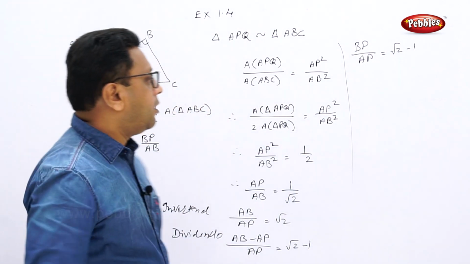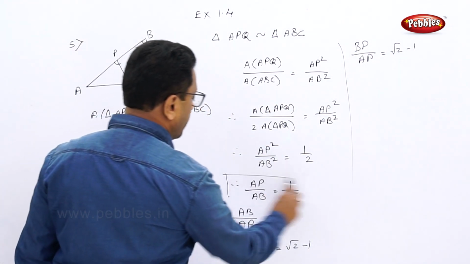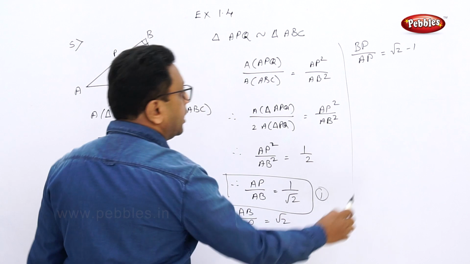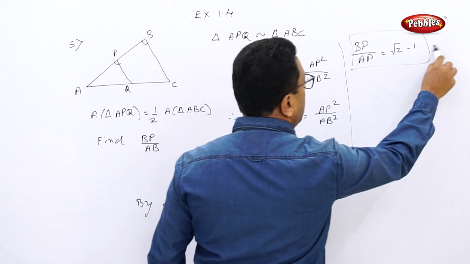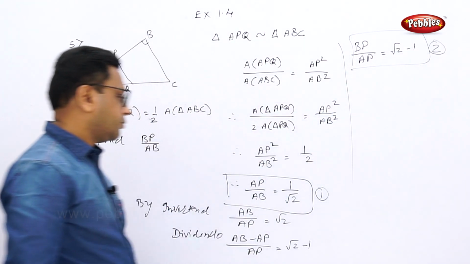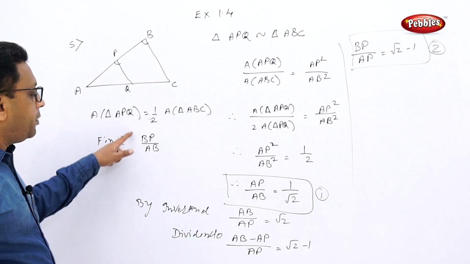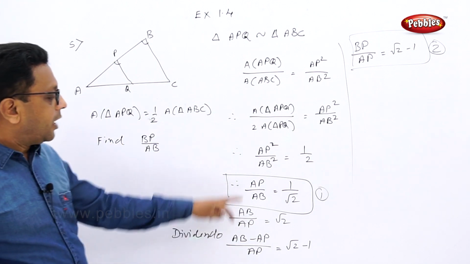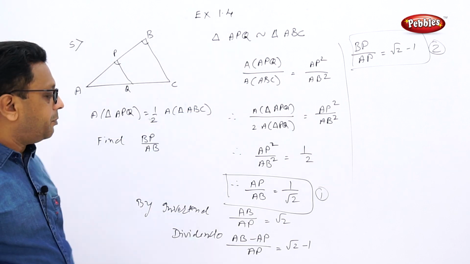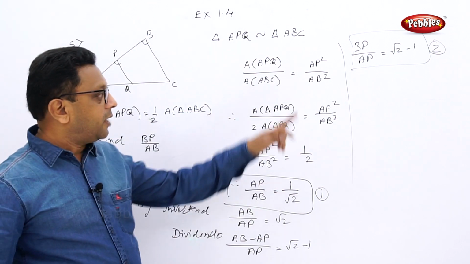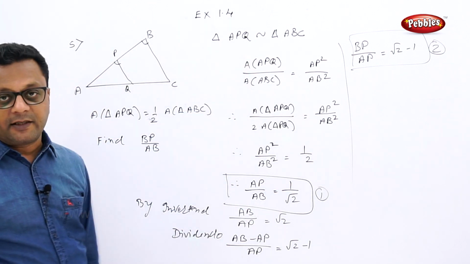So now we have two things. First we have got this as 1 and we have got this as 2. What we want is BP upon AB. But what we have here is AP upon AB and BP upon AP. So if we multiply 1 by 2, what will happen? This AP will get cancelled.